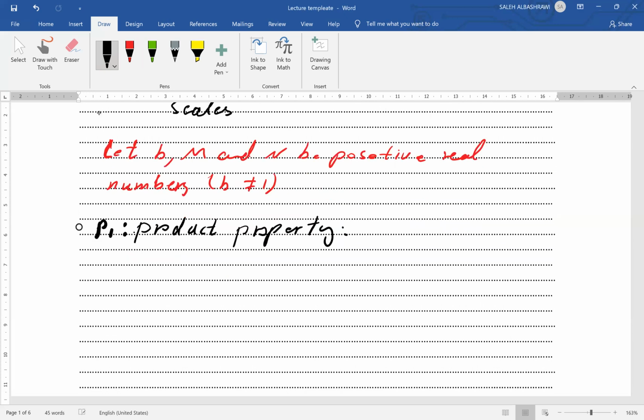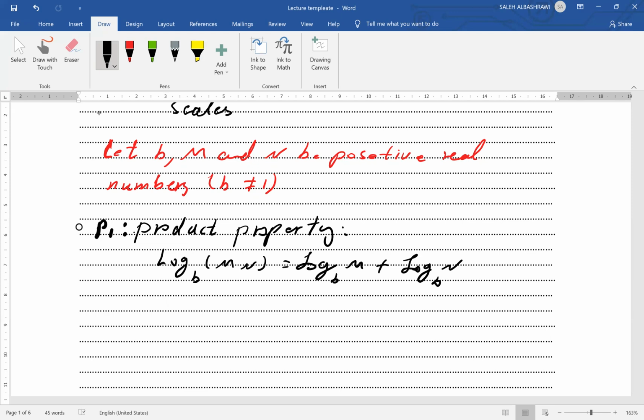If we have log base b of m multiplied by n, then this can be written as log b of m plus log b of n. So the product can be written as the sum of two logarithms, logarithm of m plus logarithm of n.